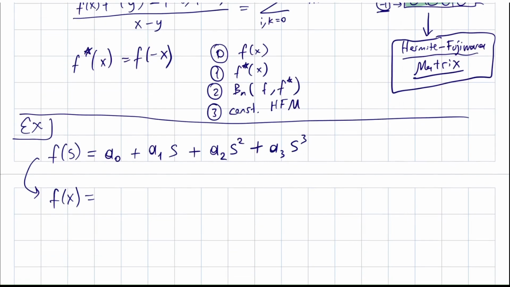Here just change the s with x. Should I write that? I think let's write it. I made my mistake. Again, a2 x squared plus a3 x cubed. Okay, great. And then construct f of y.